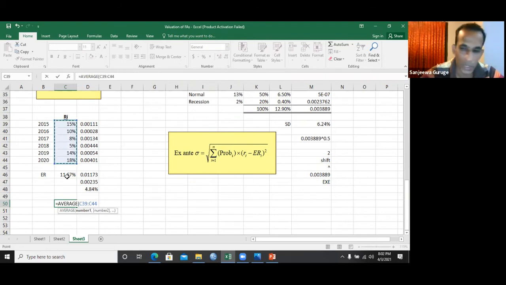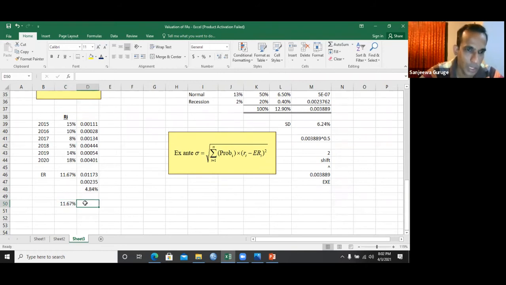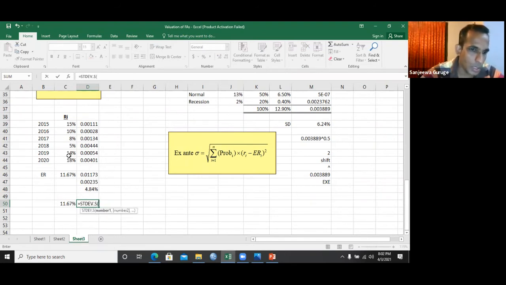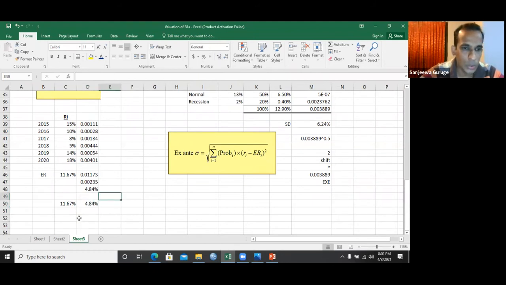You will get this expected return. That's straightforward. And similarly, the standard deviation is there. It's a matter of selecting the data set, right? You will get the answer in 1 second. With Excel, that's so easy when we use historical data, right?